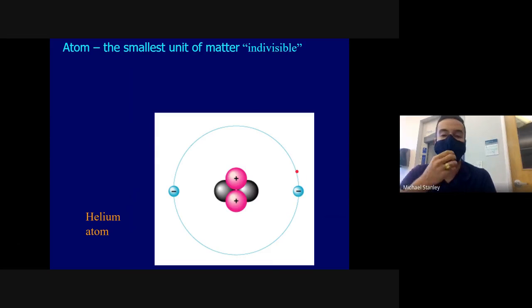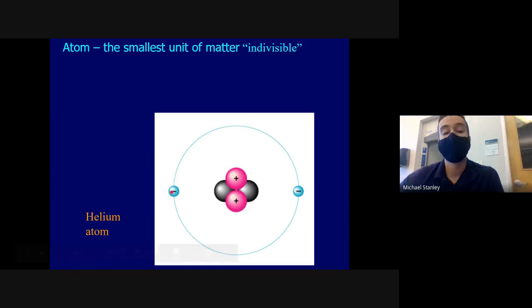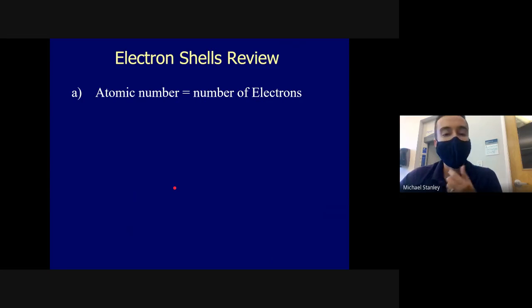Like we talked about the other day, they're on these shells. And so today we're especially going to be focusing on these electrons and what they are doing while they are out on those shells. So a couple things that we're going to recall about these electron shells. We talked about how the atomic number, the number of protons, is equal to the number of electrons.